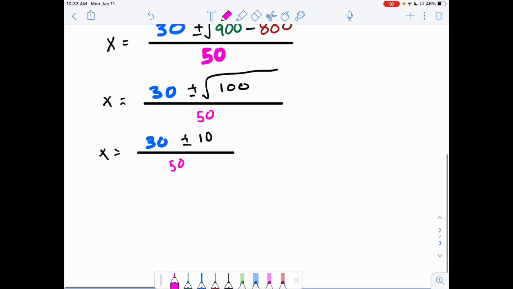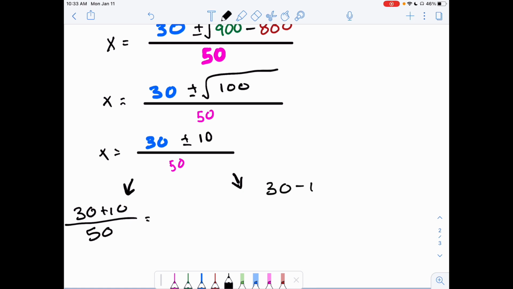Now for our last step, we're going to split it up. So one of these will have plus and one of these will have minus. So you should see 30 plus 10 divided by 50, and then 30 minus 10 divided by 50. So for our first one, 30 plus 10 is 40 divided by 50.